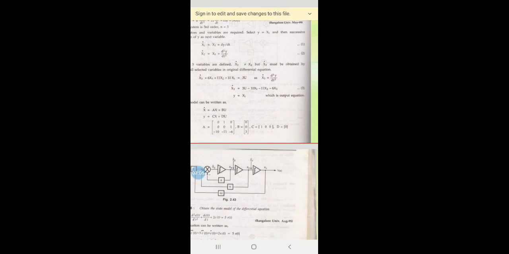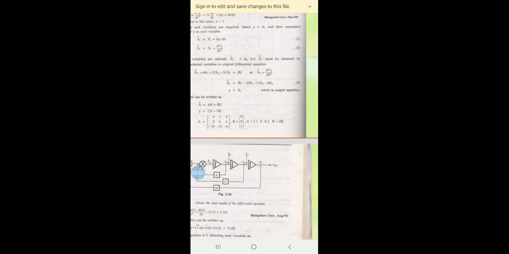As only x3 dot has 3u, b will have only 3 in the last column of the third row. So c is 1 0 0, since y is equal to x1, and d is 0.